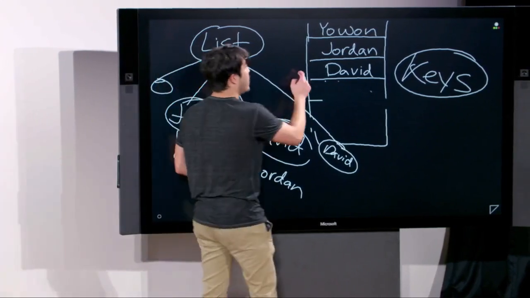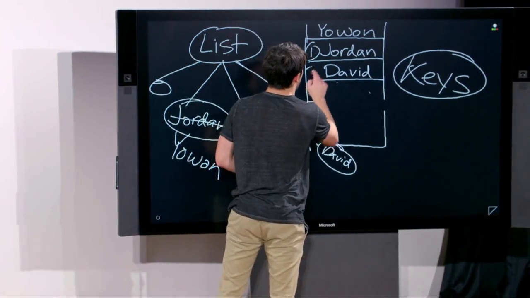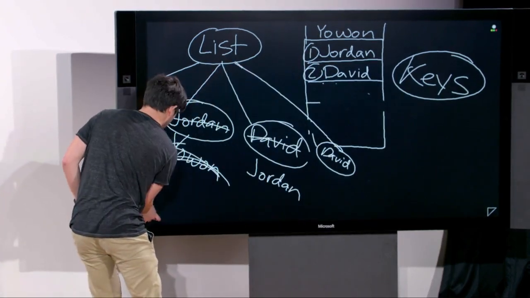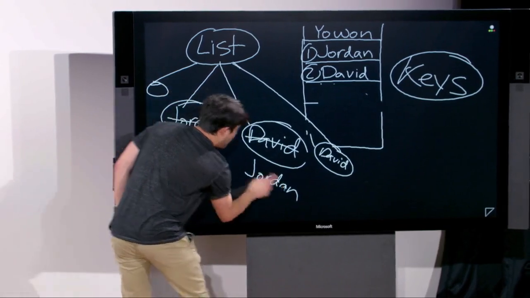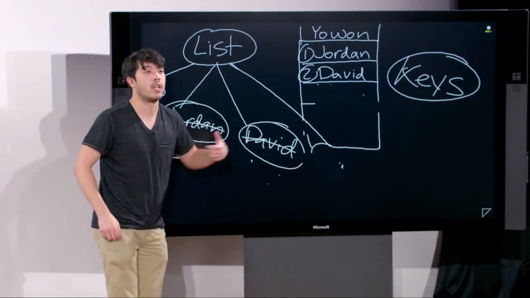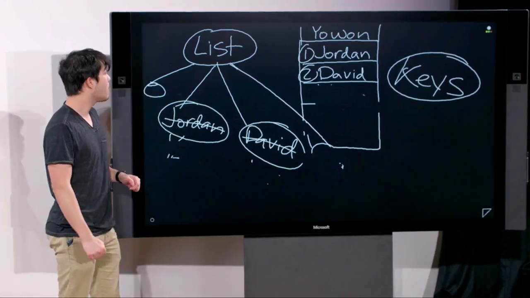And so if we see here in this example, say we had given Jordan and David a key of 1 and 2, and now we added Yoan at the top.